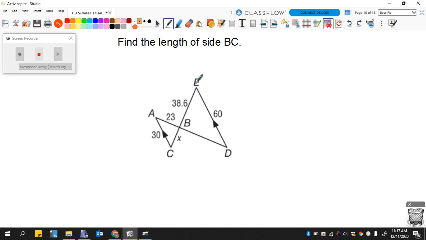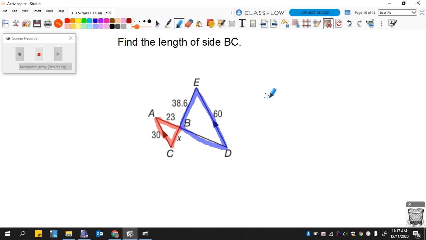This one, once again, is a little bit different shape, but we have two triangles. We have this one here, that's the small one, and then we have the big one here. Right there. And once again, we know that they're similar.